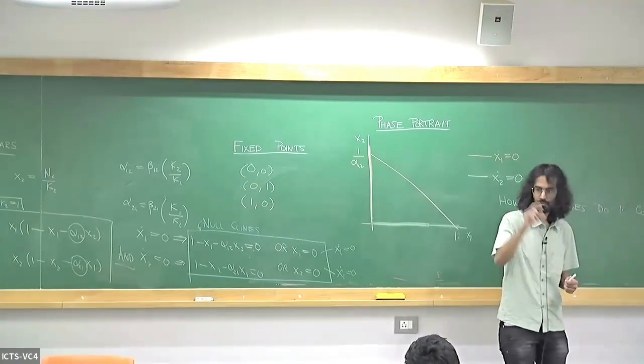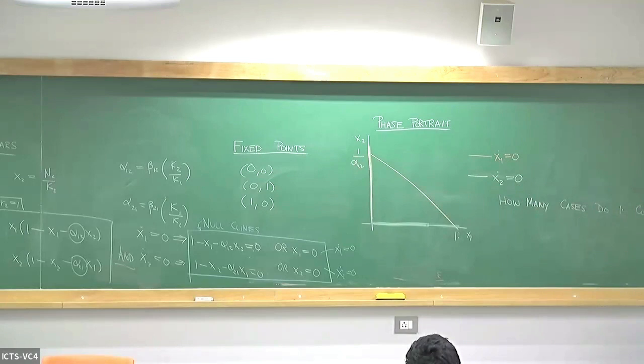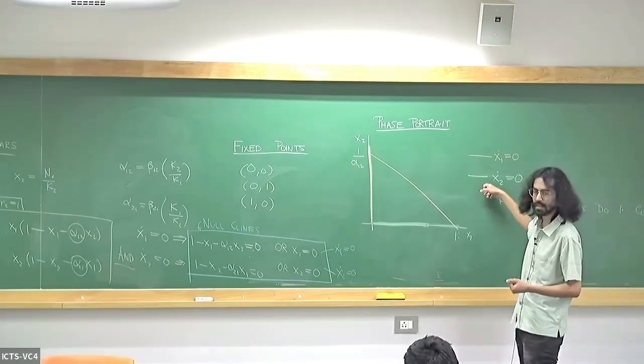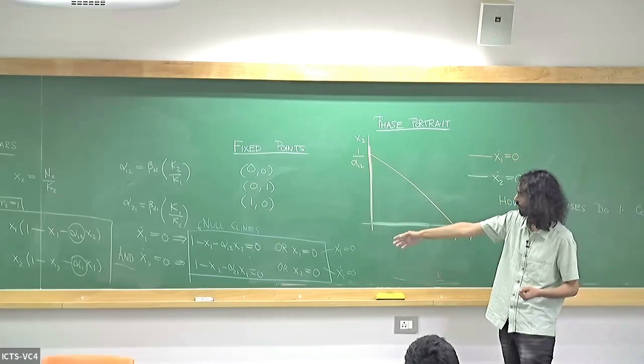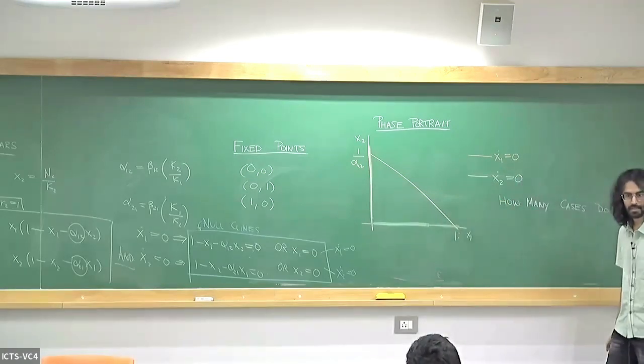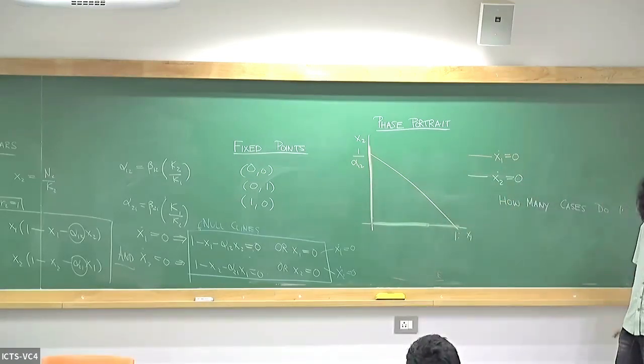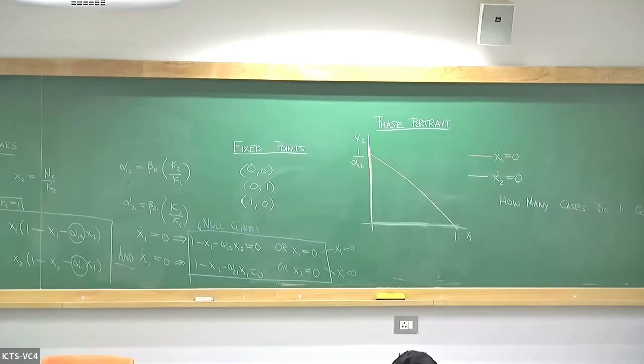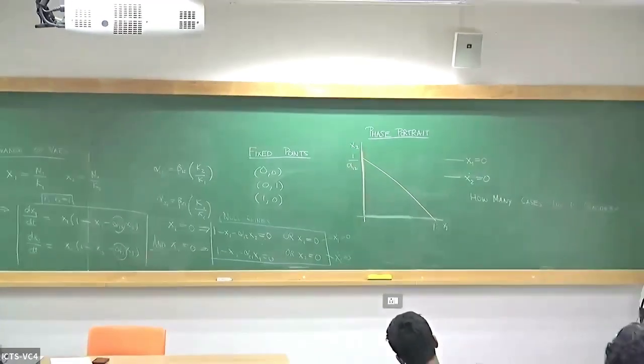And you can take 1, 2, 3, 4, 5. Okay, is the question clear? I want to draw the second nullcline, just the fourth one that I haven't drawn yet. But I'm saying, I can't just draw it without knowing something more. There are 4, 5, 6, 7, some number of cases that I need to consider.